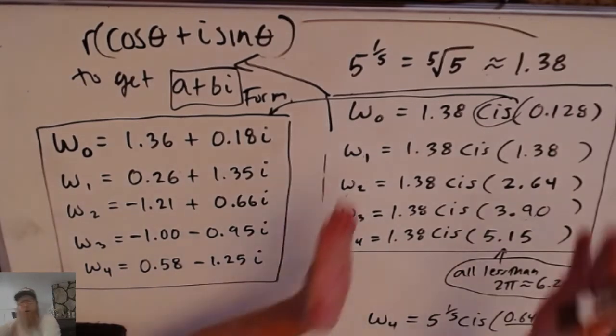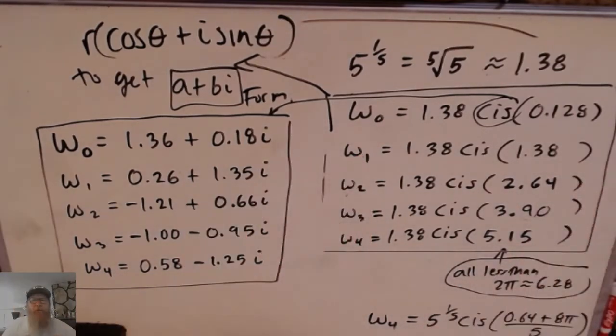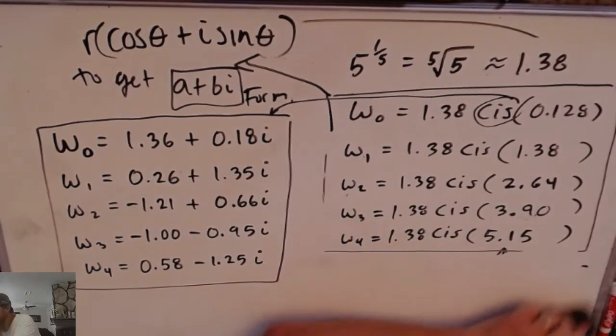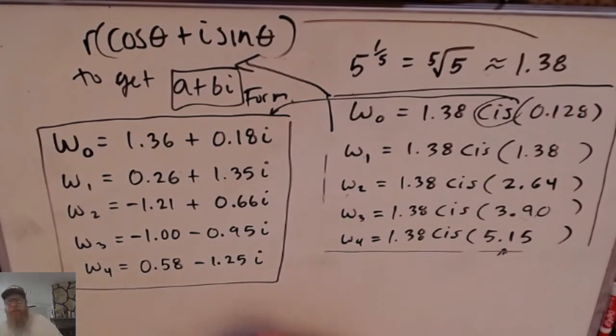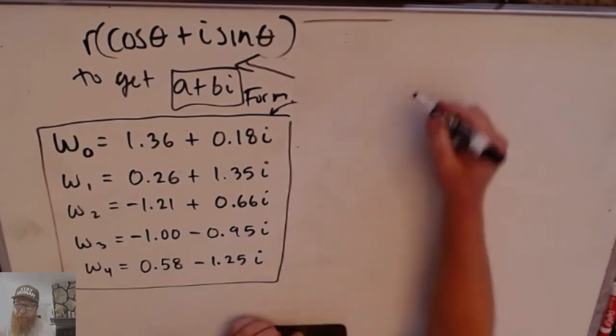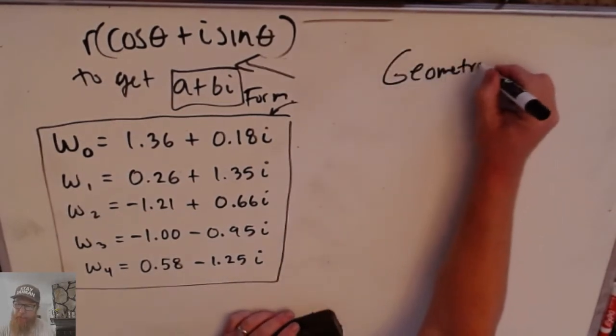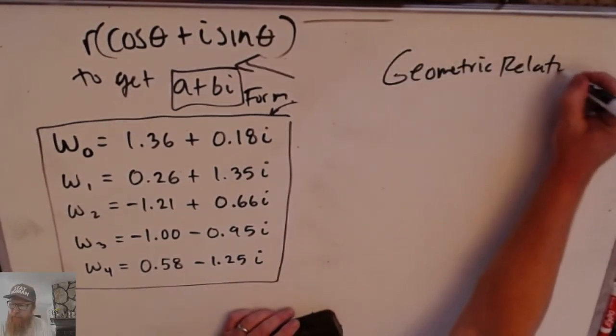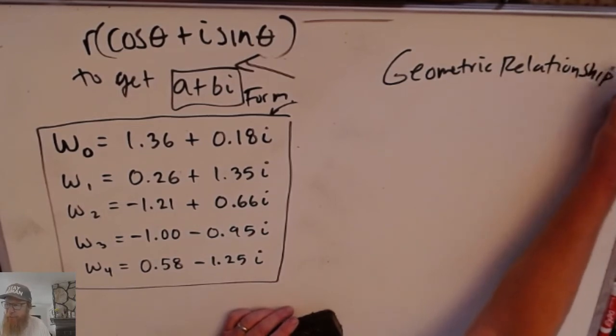So you have your polar form and you have your rectangular form. Okay. I can't let this go without showing you what's the relationship between these roots. It's a very geometric relationship.